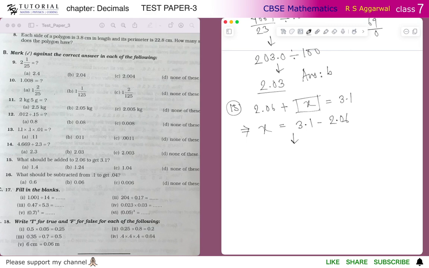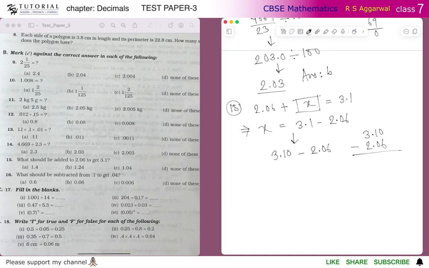So this becomes 3.10 minus 2.06. Like decimals means the decimal places will be the same. So now how do we find the difference? We first write the bigger decimal number, and below it in column form we write the smaller decimal number, so that the decimal points are in the same column, and the respective digits of the decimal part and the whole part are in the same column.